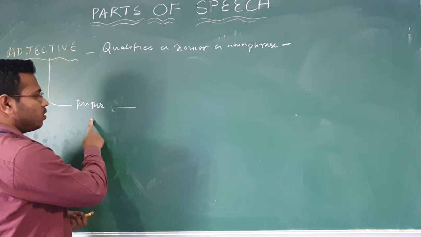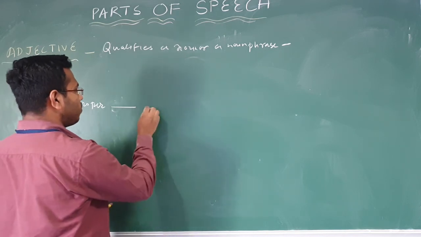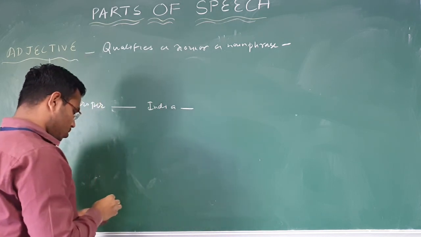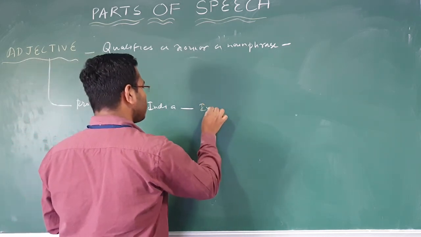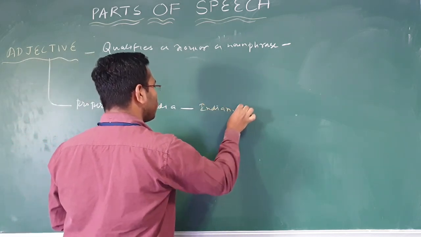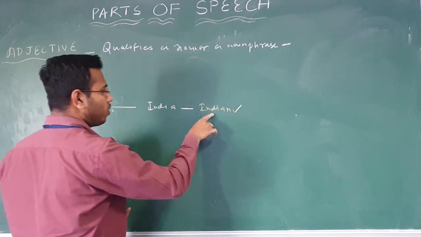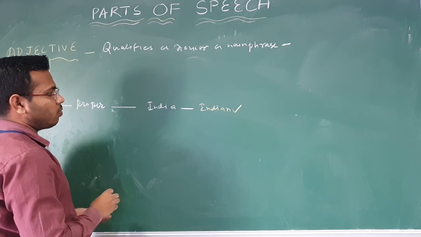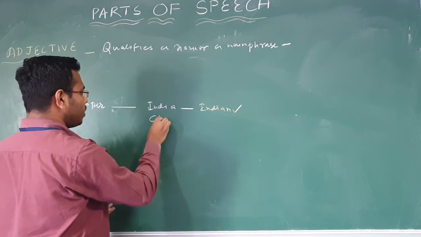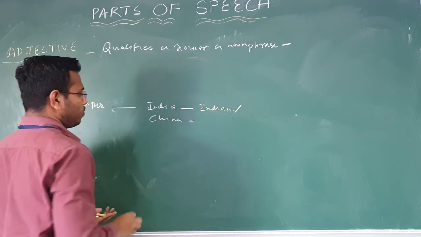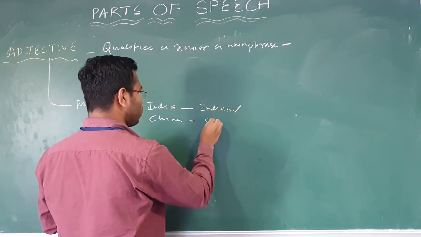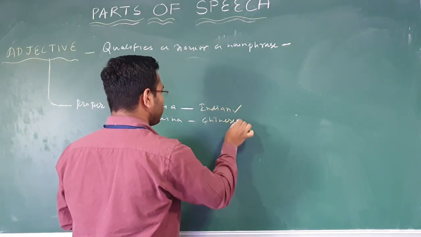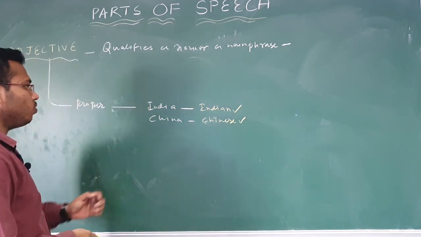For example, if I say India, we can make Indian. So Indian is a proper adjective. If I say China, we say Chinese. These are examples of proper adjectives.